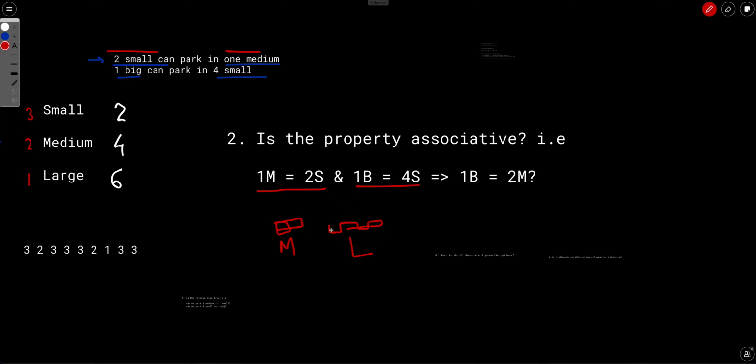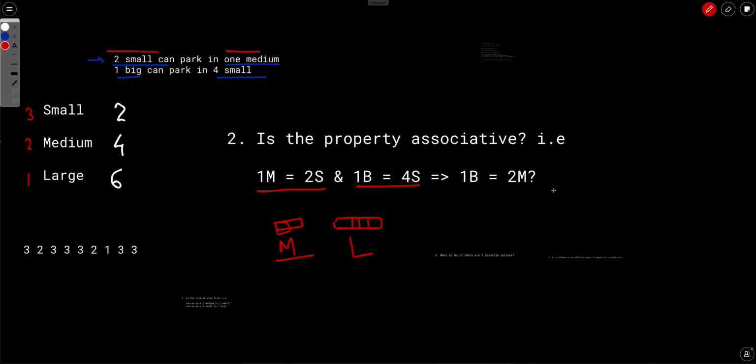Okay. Now, given these two scenarios, if it is associative, we could infer that one large is equal to two medium, right? So whether that is true or not. Now let's assume for this question that it is also true.